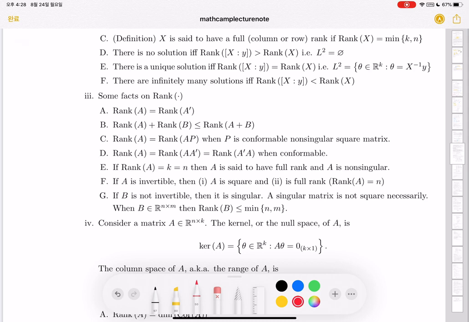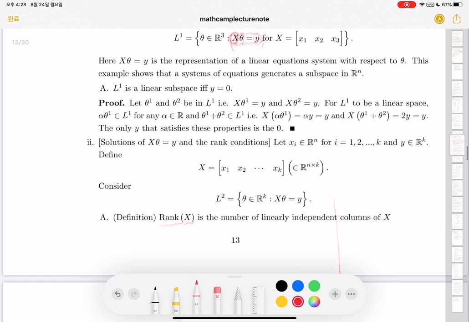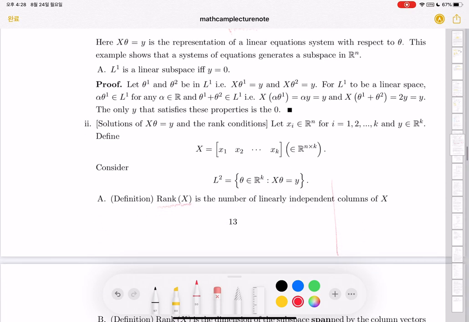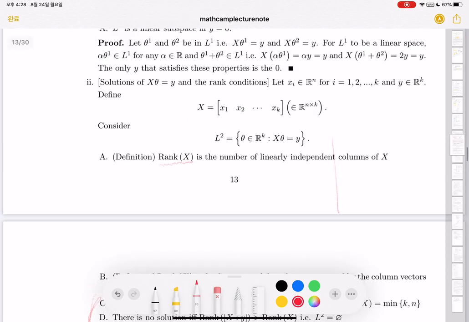Rank has the following properties. When you solve a non-stochastic linear equation, then the rank condition gives you the idea whether the system has a solution or not.